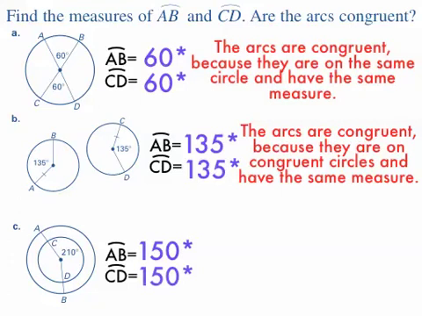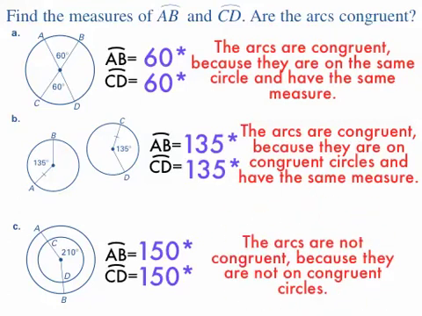So these two have the same measure, but are they congruent? They both have a measure of 150 degrees. However, these two arcs are not congruent because they are not on congruent circles. The circle with CD and the circle with AB do not have the same radius.